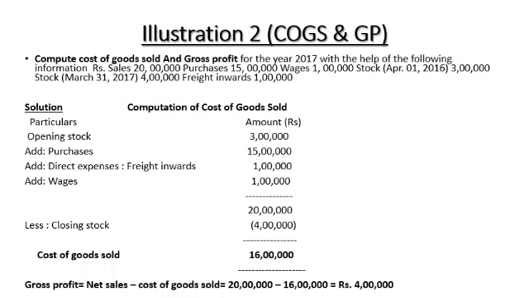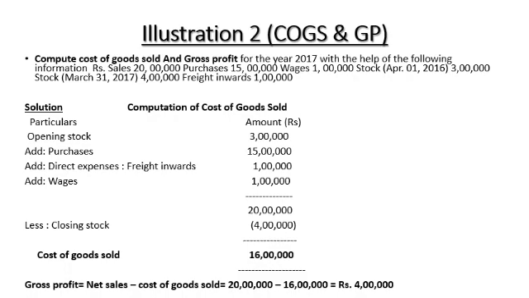Now you may see the second example. Calculate the cost of goods sold, or you may say the cost of sale, and the gross profit with the help of the given data. The formula is: gross profit is equivalent to net sale minus cost of goods sold.